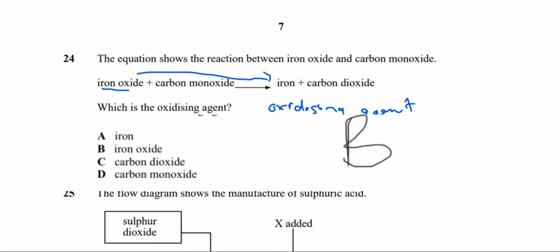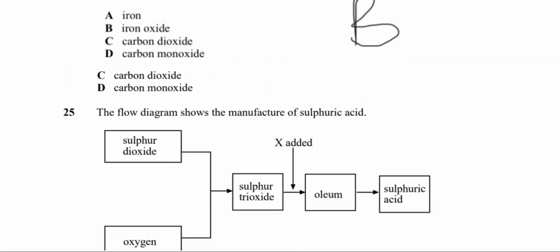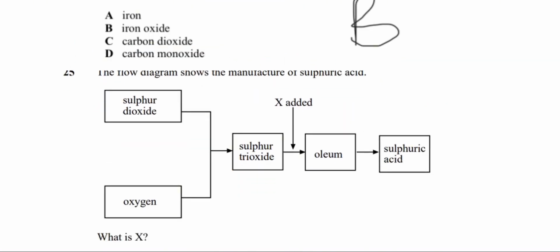So the iron oxide has been reduced. Carbon monoxide had one oxygen, CO, but now it has gained another oxygen, so it has been oxidized.